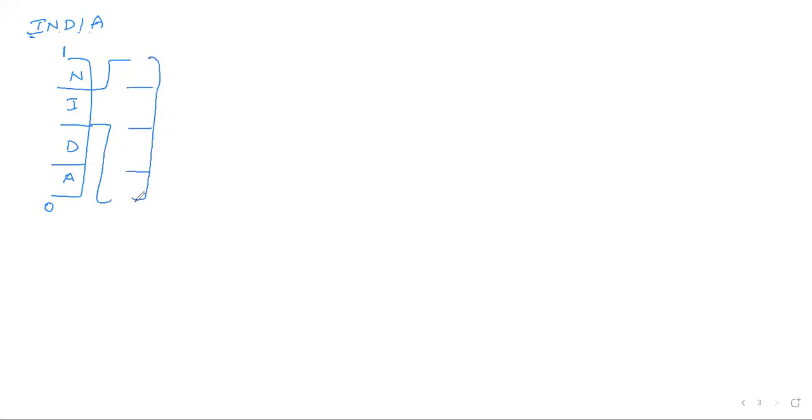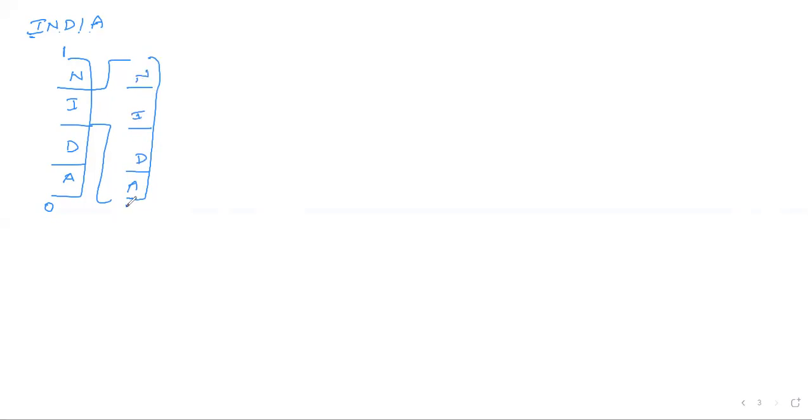So to transmit this one, we have to plot the table: A, D, I, N. So what is the starting interval? 0 and 1. So the first symbol you have to transmit is I.